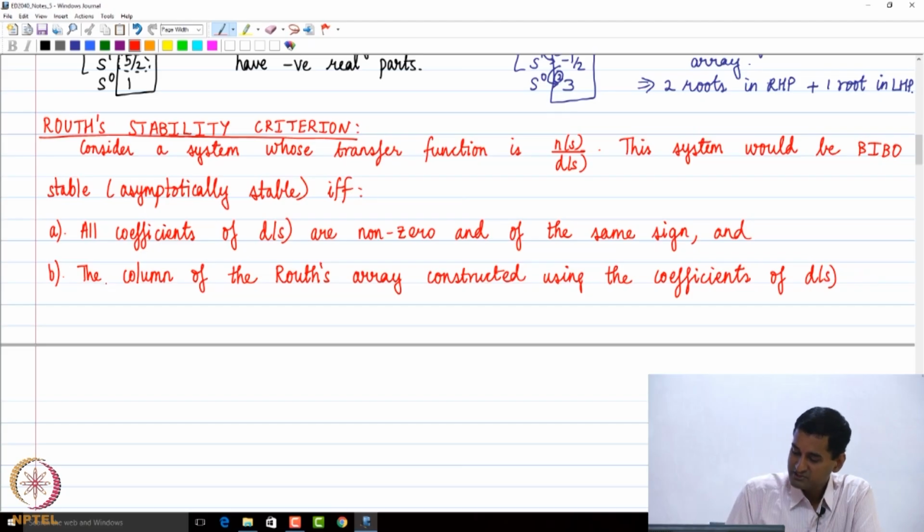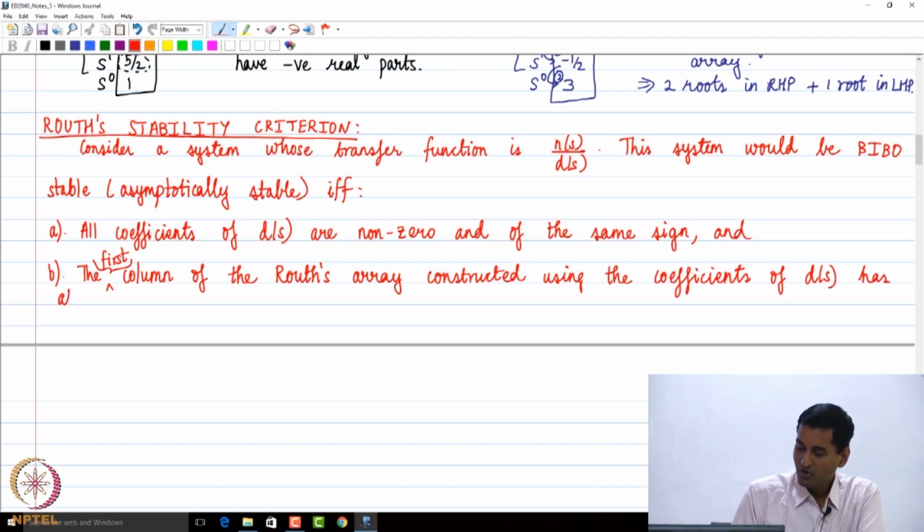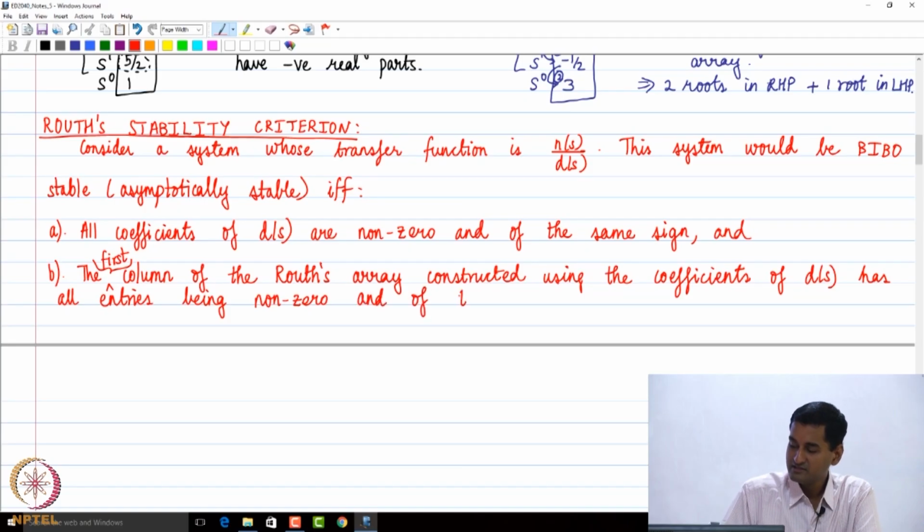Oh, I should say first column, I am sorry, I missed the word first here. The first column of the Routh's array constructed using the coefficients of D of s has all entries being non-zero and of the same sign.